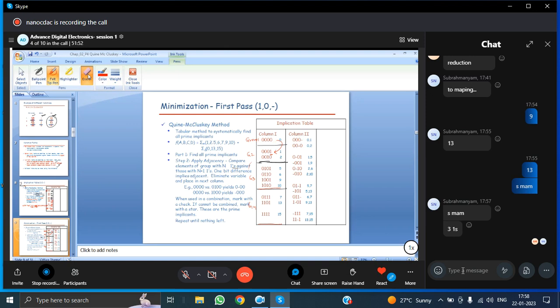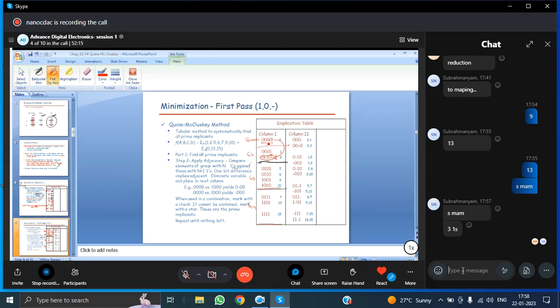And next thing what I am doing is I am comparing this 0 with the second element in group 2. Okay, see the difference, I am comparing 0 0 0 0 and here 0 0 1 0. So where is the difference here?